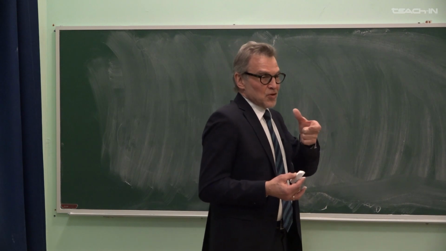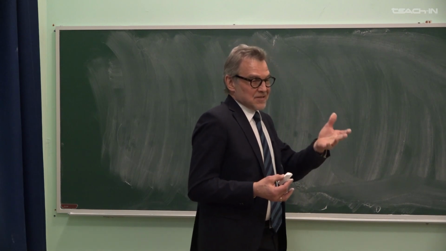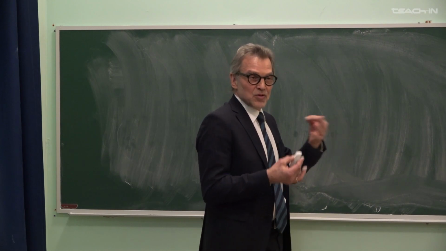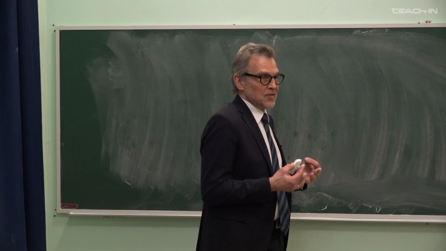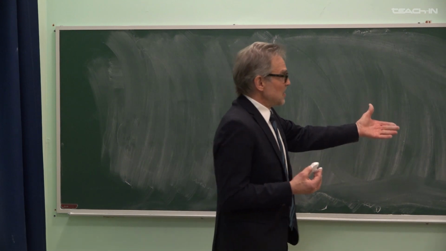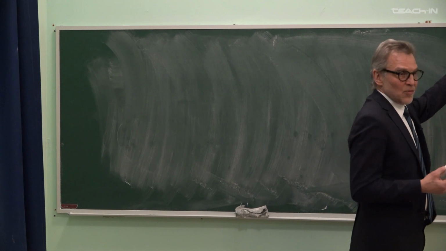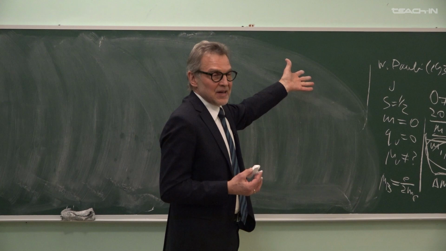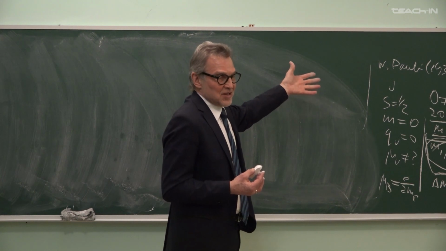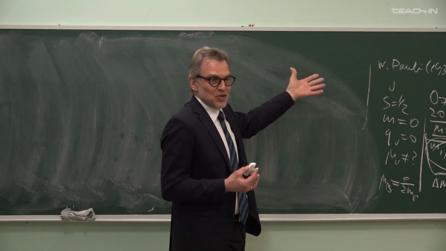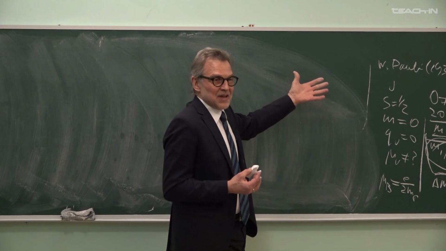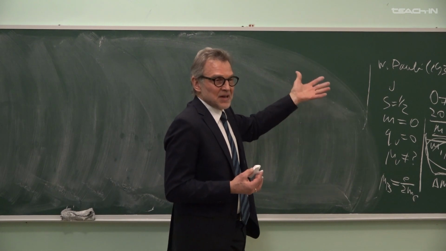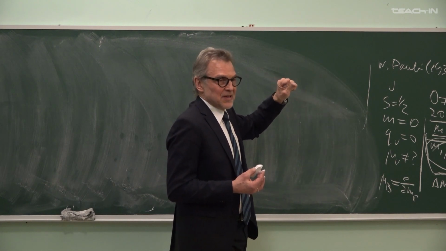So it is not so popular among people, but it is the closest to our ability to observe in experiment. Because of course, to move from 10 to the minus 19 to 10 to the minus 12 or 13 in the magnetic moment investigation is a very hard job. Also, the hope is that there are theories beyond the standard model that predict a much bigger magnetic moment than the standard model itself.